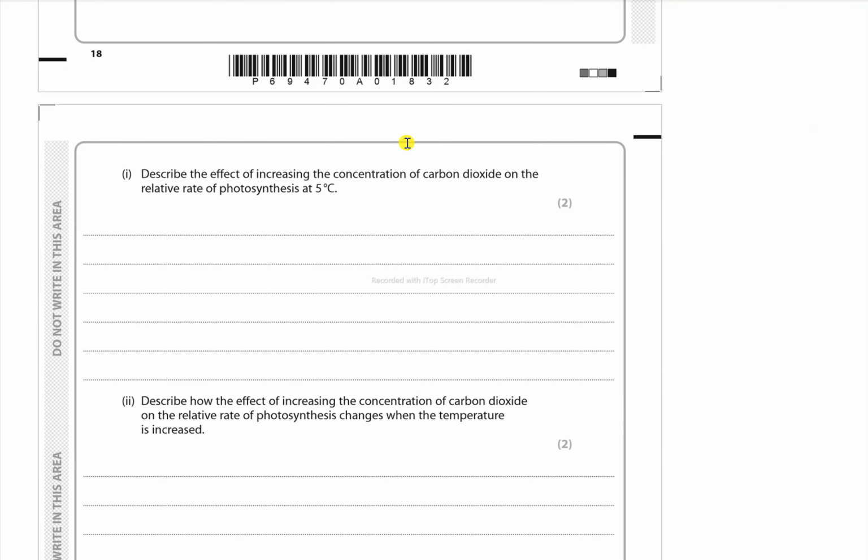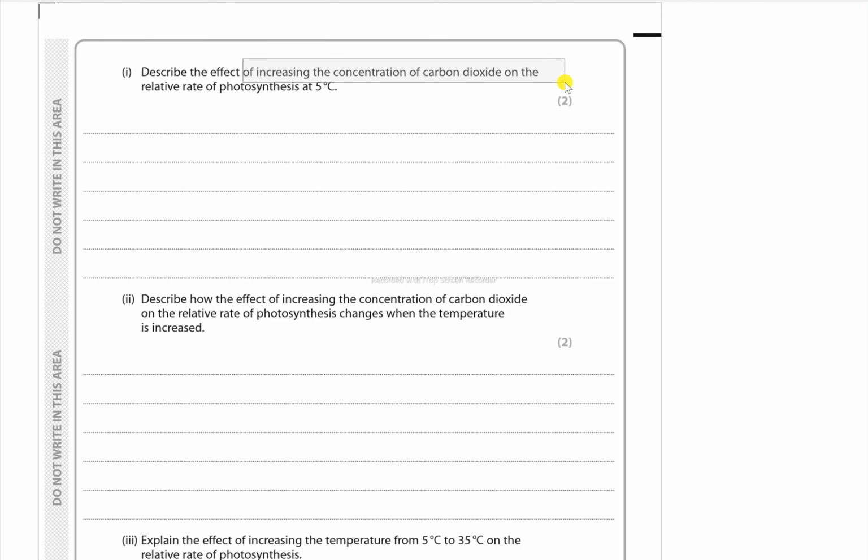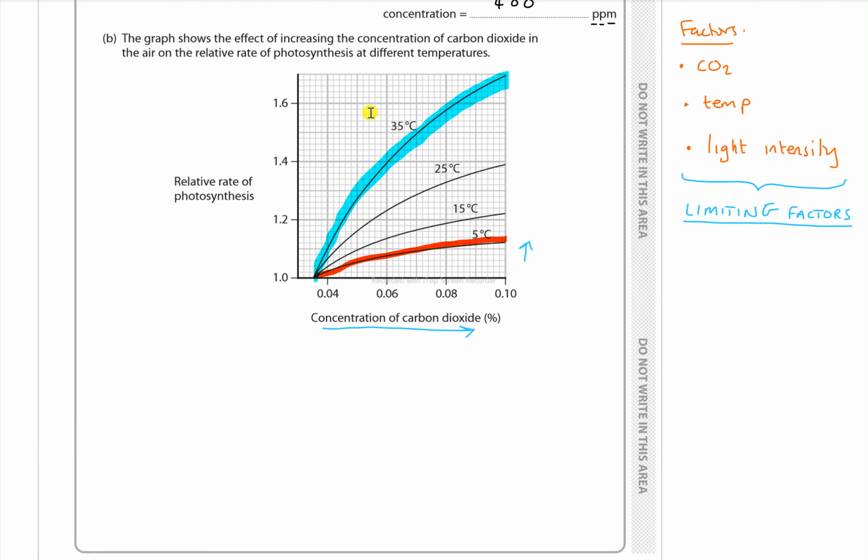Describe the effect of increasing the concentration of CO2 on the relative photosynthesis at 5 degrees. So if you notice, as the concentration increases from 0.04, 0.06, 0.08, 0.1, the relative photosynthesis is going up, but it's gradually leveling out, and eventually it'll just flatten out.